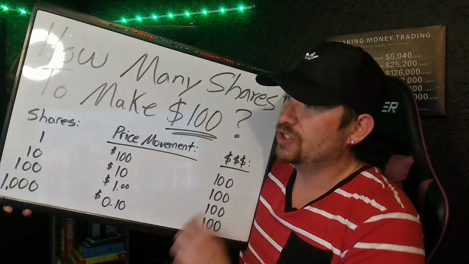That $1 will need to go up to $10 in value in order to make $100. You could do the same example with owning 10 shares of a company that's valued at $100 per share. If it moves up from $100 to $110 and you own 10 shares, 10 shares times $10 per share is $100. So that's a great example to showcase to you as well.